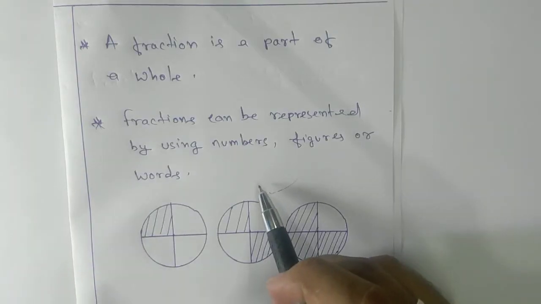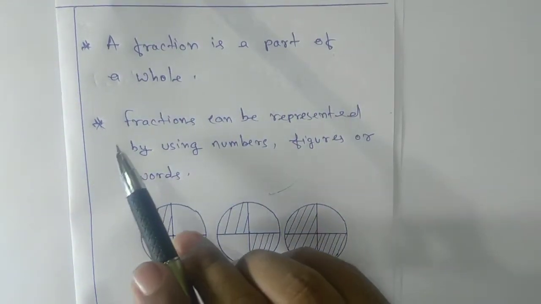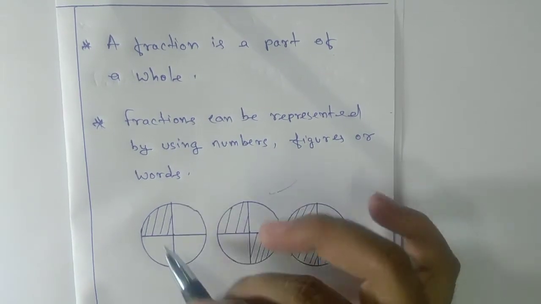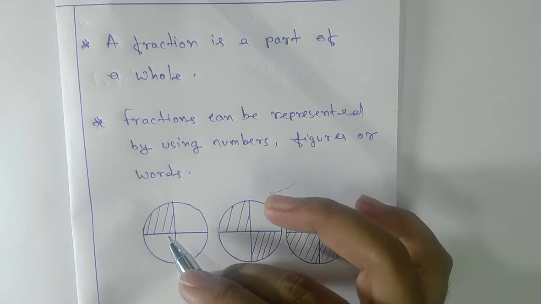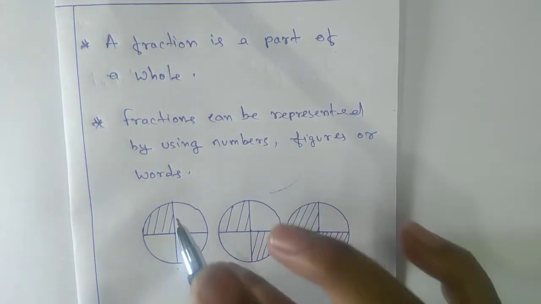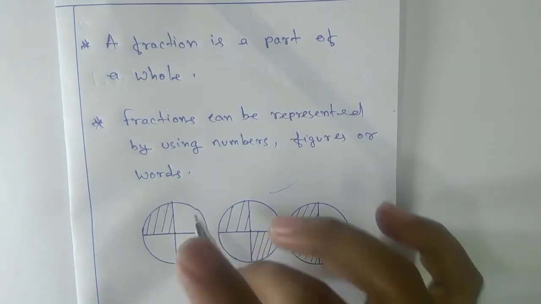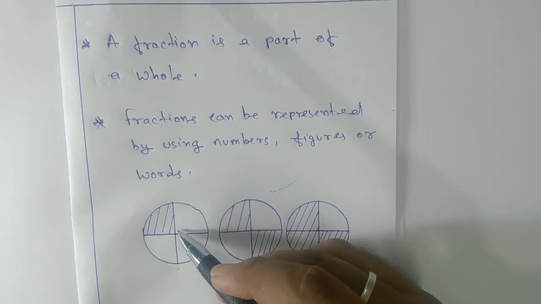Here we have another definition. A fraction is a part of a whole. That means take a cake and cut that cake into 4 equal pieces. Remember, the cutting should be equal. You can cut 4, 5, or 7 equal pieces, any number.